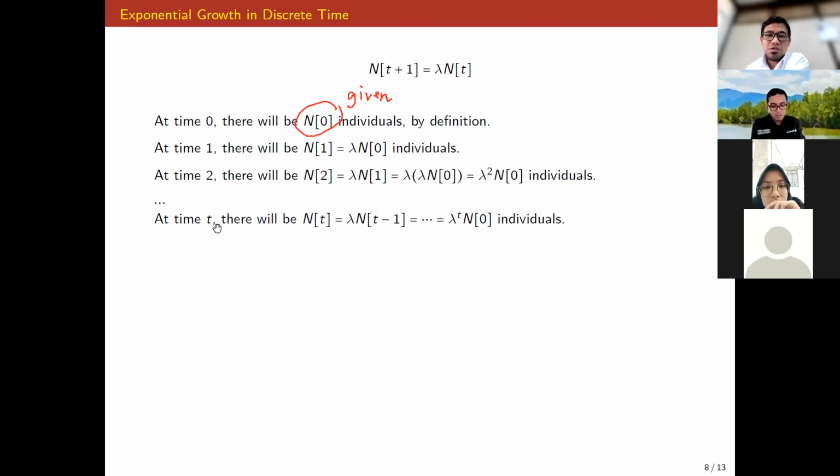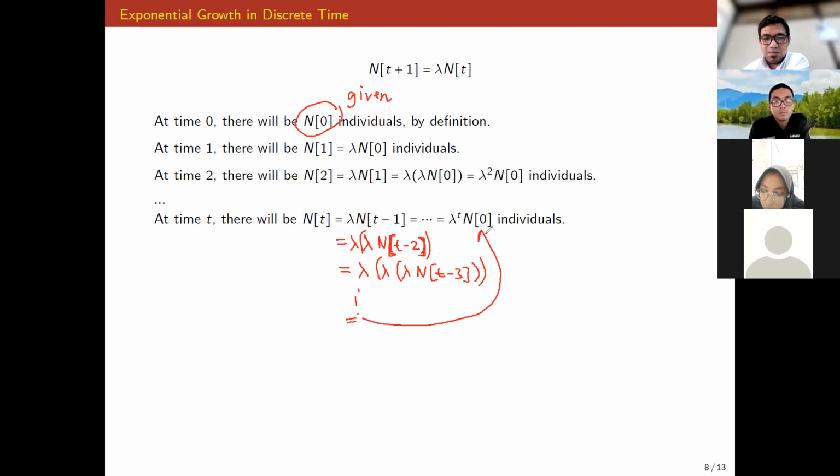If we continue the process, this one will be lambda times lambda times n_{t-2}, and then lambda again times n_{t-3}, and so on, until it reaches n_0.